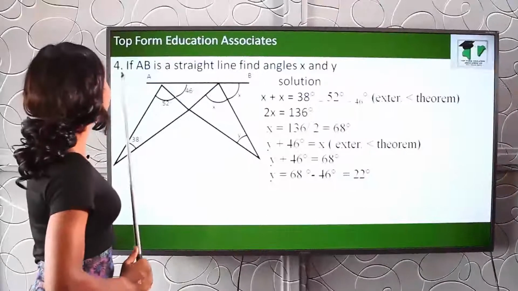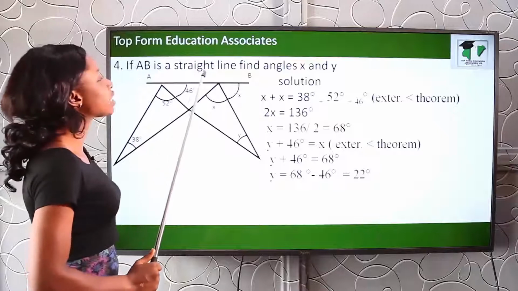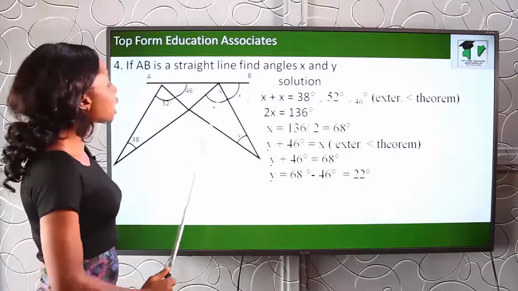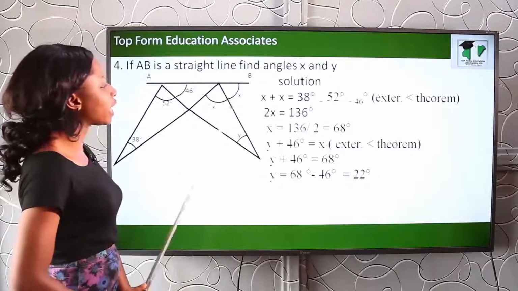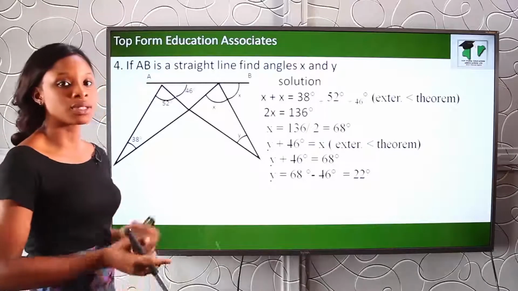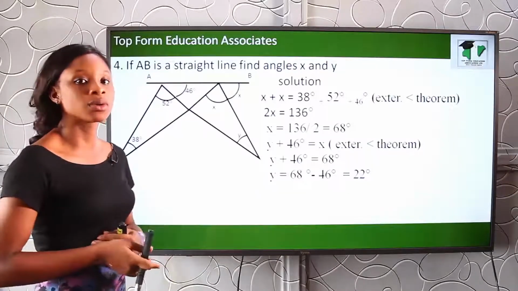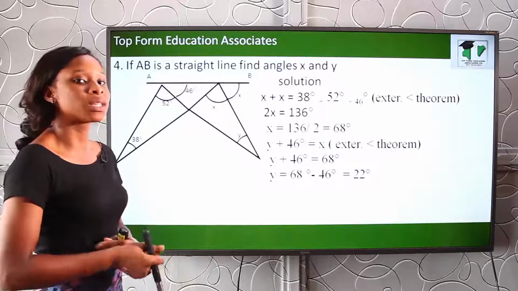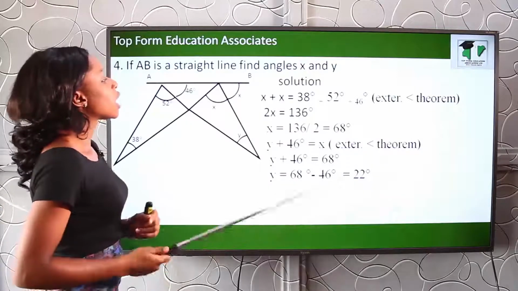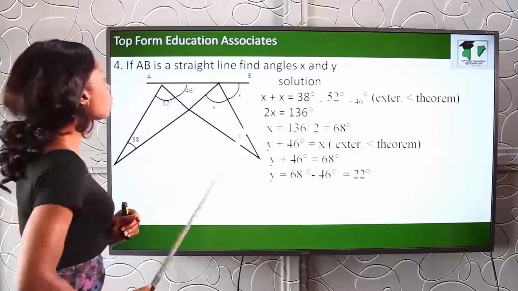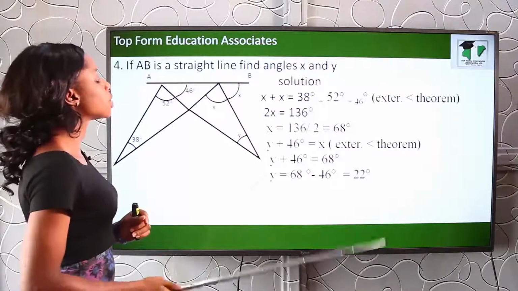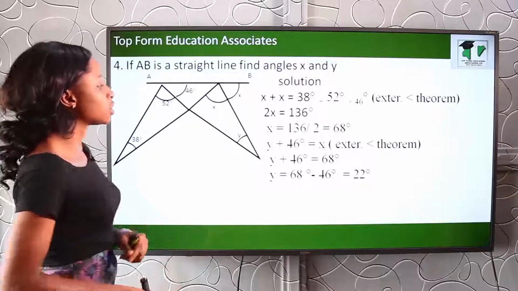Now, example 4. If AB is a straight line, find angles x and y. This is our straight line AB, and we're asked to find the values of x and y. We make use of the exterior angle theorem, which says that the exterior angle is equal to the sum of the interior opposite angles. These are our interior opposite angles, so 38 degrees plus 52 degrees plus 46 degrees gives us 136 degrees.